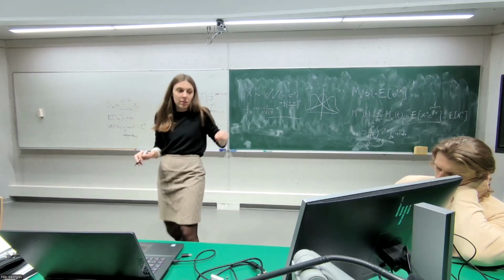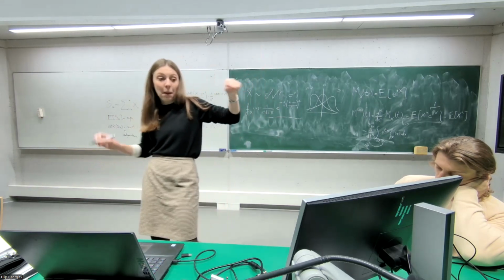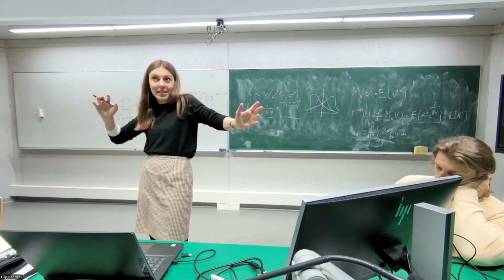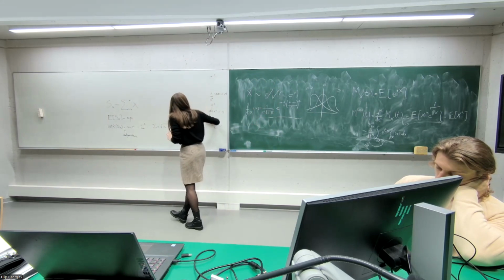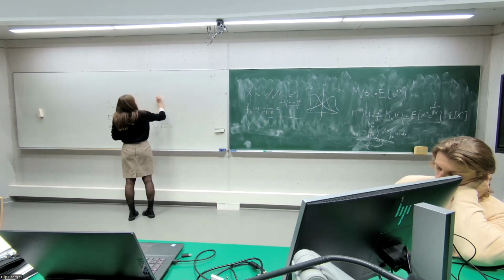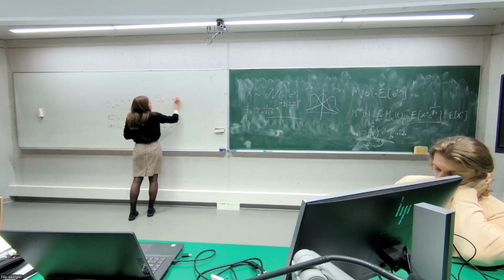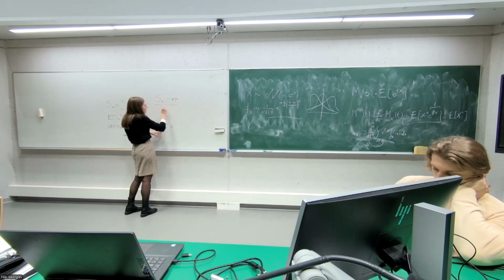Why am I doing this? Now I'm considering the sum Sn minus the average of Sn. So I'm doing Sn minus n mu, its average, divided by square root of n sigma.